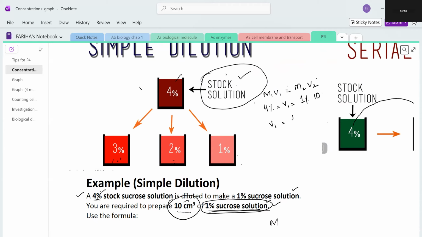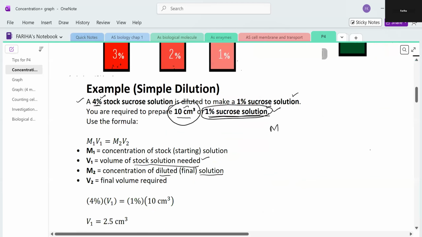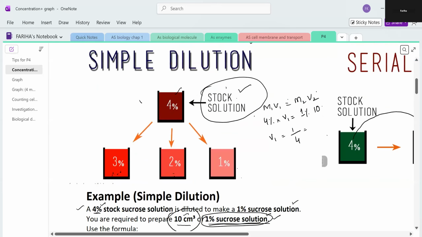So now we need to calculate it. V1 is equal to 10 times 1 divided by 4. What should be our answer? When we divide 10 by 4, our answer is 2.5 cubic centimeter.